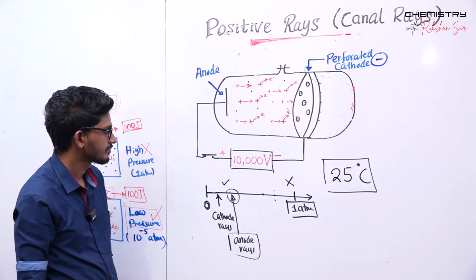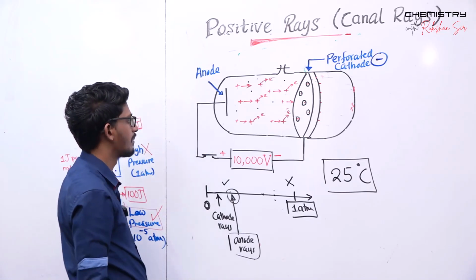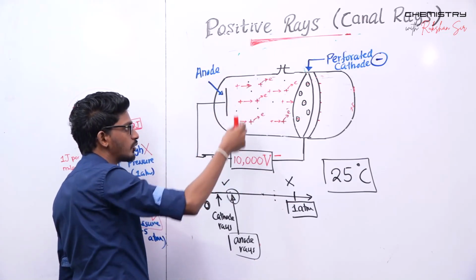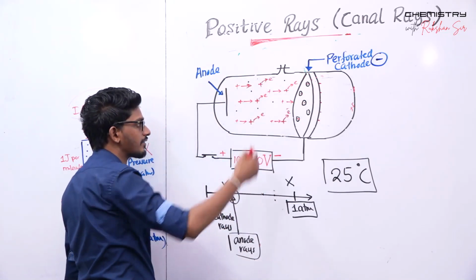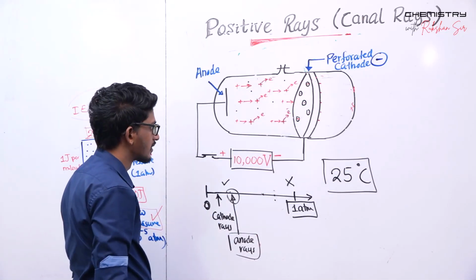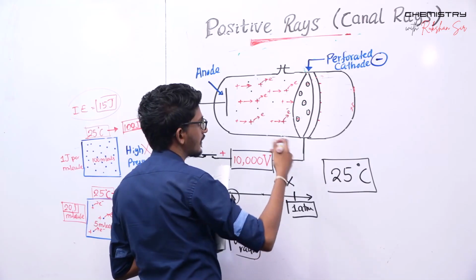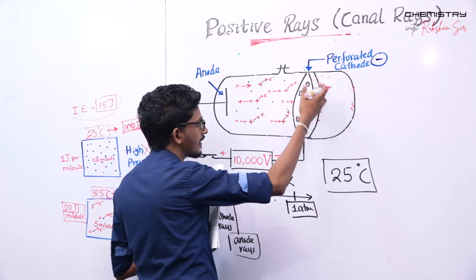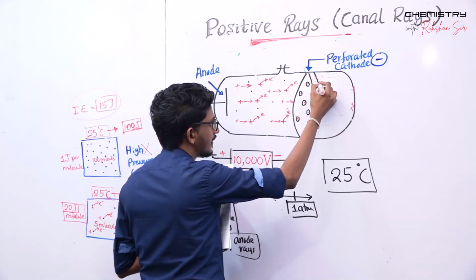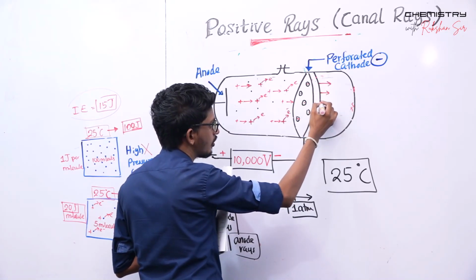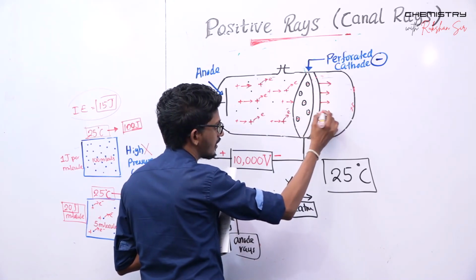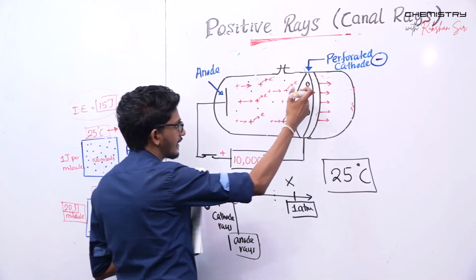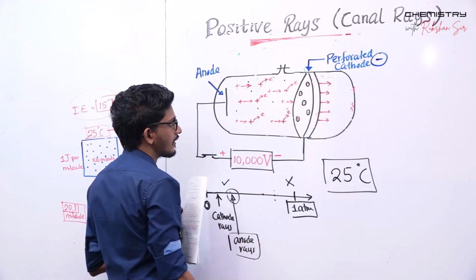Right? Then what will happen? The particles generated from here, when they are accelerating towards the cathode, are able to overcome the drag done by the perforated cathode when they are going through the holes. That is why we say only the ones generated near the anode, away from the cathode, come out from the holes of the perforated cathode.